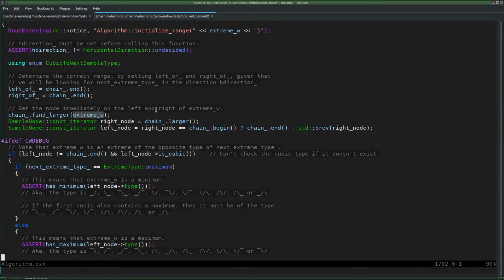So we go back to this thing here, now we see find larger should have found 0.0. Sorry, right node should be 0.0. Tricky.